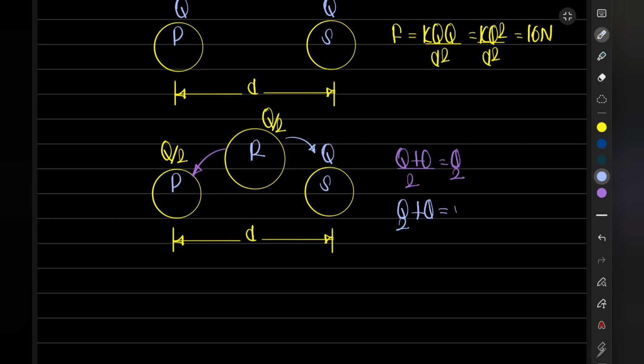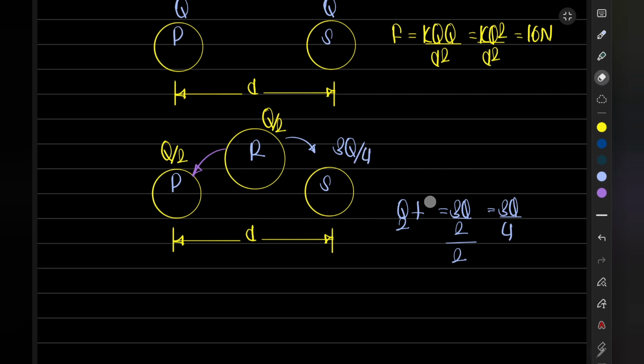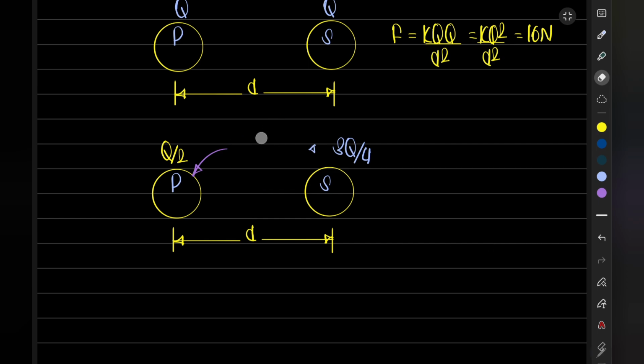The total will be 3Q by 2 and they will distribute it in half, so it will be 3Q by 2 divided by 2, which means each will have a charge of 3Q by 4. So the final charge on S is 3Q by 4 and R will also have 3Q by 4, but we don't need that one.